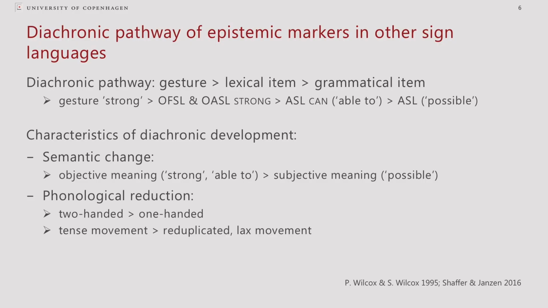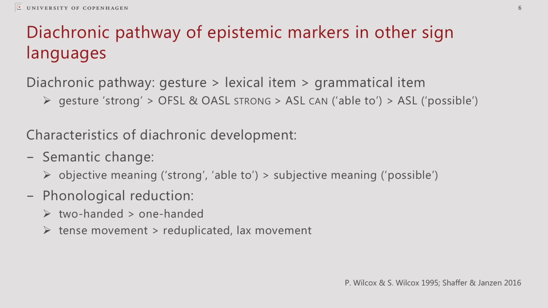And it's a characteristic of diachronic development that there is a semantic change from an objective meaning, such as strong or able to, to a subjective meaning, such as possible.